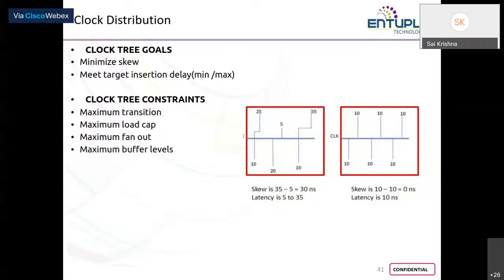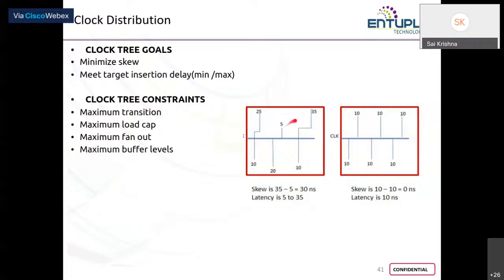Okay. So this is an example of the skew. Here we have a flip-flop where the total time taken for the clock arrival is 35 nanoseconds, whereas here it's only 5 nanoseconds.